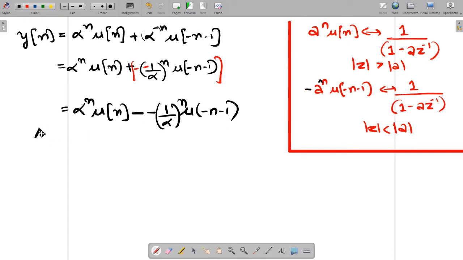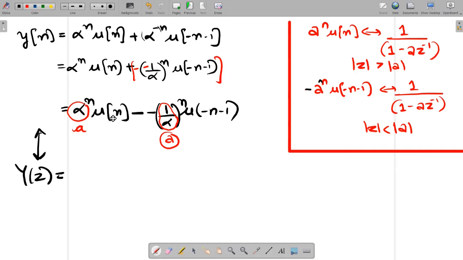Okay. The Z transform of this is y of z is equal to alpha raised to n u of n, a raised to n u of n. So, comparing this and this, what is alpha? Alpha is a. And over here, 1 upon alpha raised to n u of minus n minus 1. If you compare this with this, what is the value of a? A is 1 by alpha. Fine.